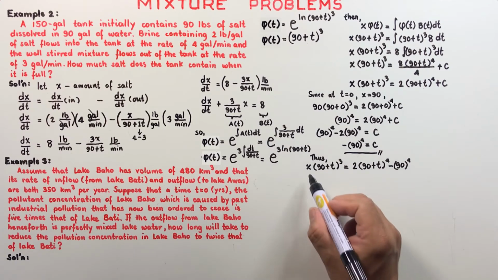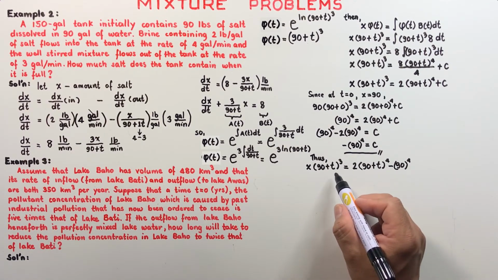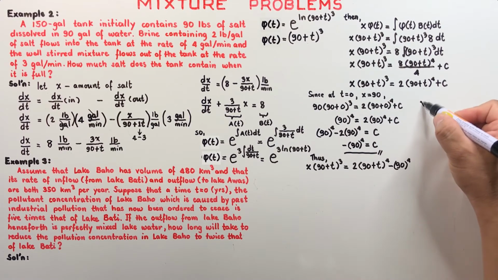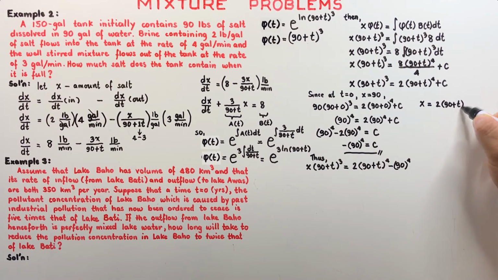But solving for x by dividing both sides of the equation by the cube of this 90 plus t, we have x, which is equal to 2 times (90 plus t) minus the fourth power of 90 divided by (90 plus t) to the power of 3.